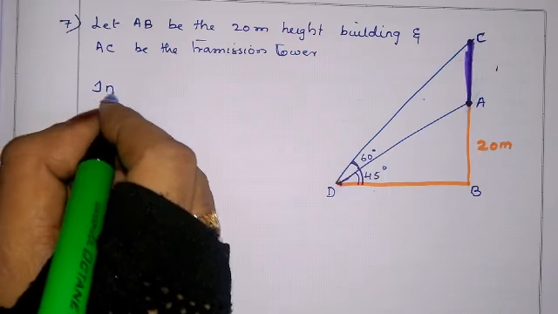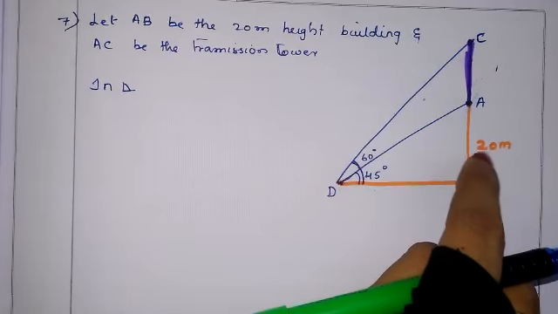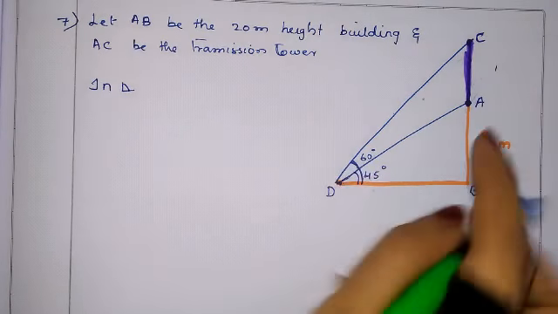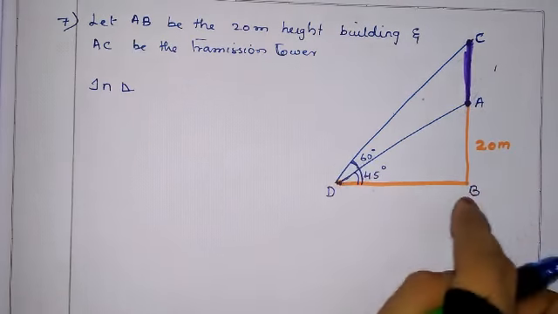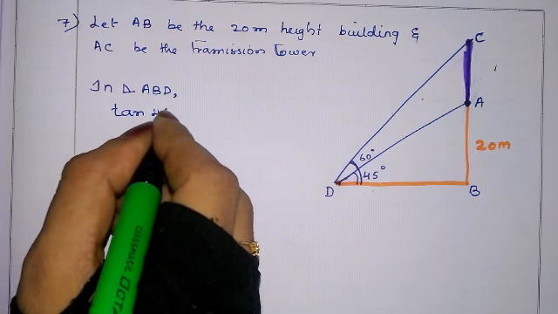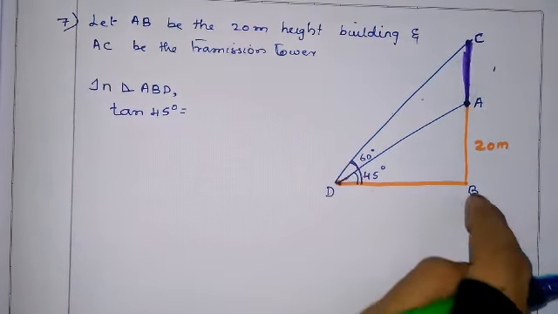In triangle ABD, why am I taking the small one? Because in the small right angle triangle we have something. They have given 20 meter. In triangle ABD, tan 45 degree is equal to AB by DB.